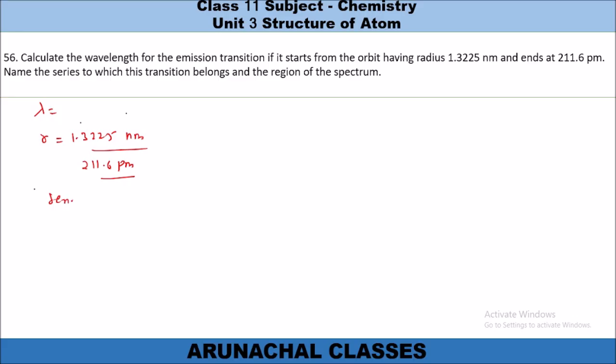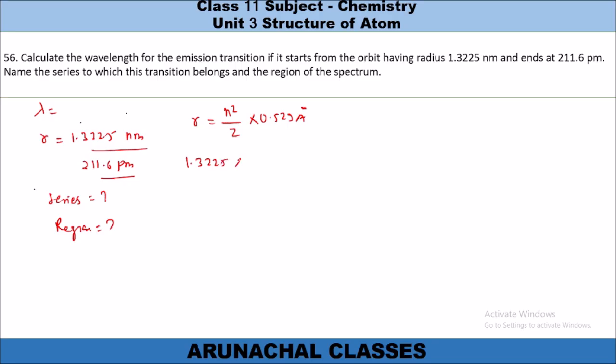We have to identify the series to which this transition belongs and the region of the spectrum. So we know that r value, that is the radius of the orbit in which the electron is present, is given as r equal to n square upon z multiply with 0.529 angstrom.